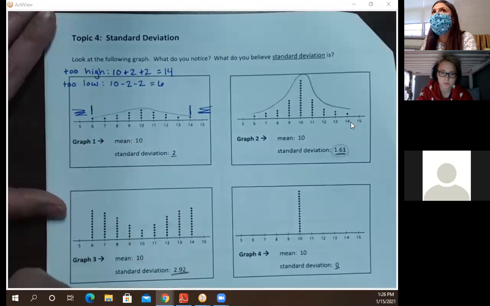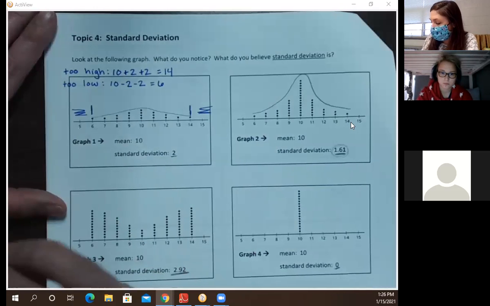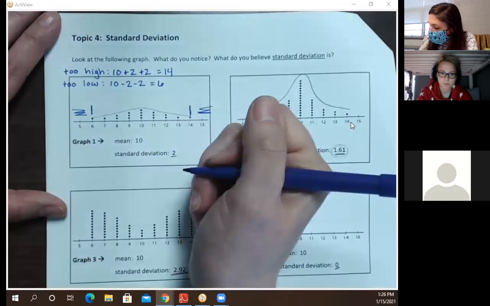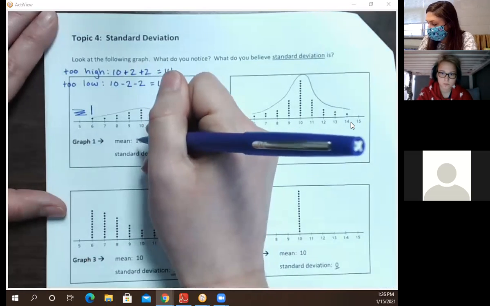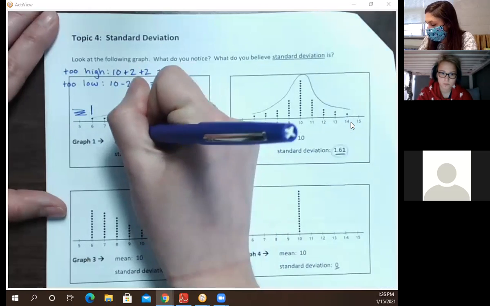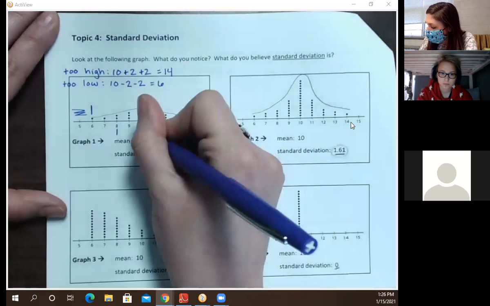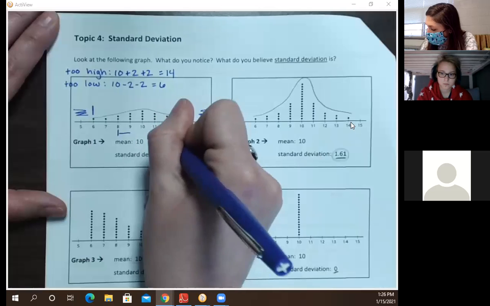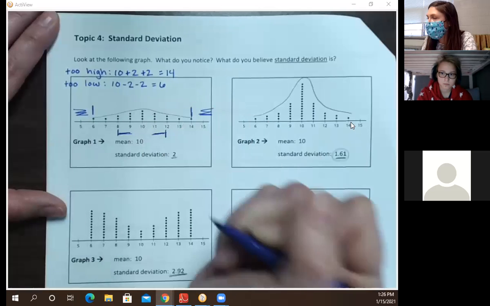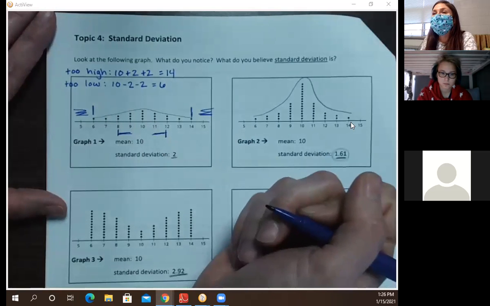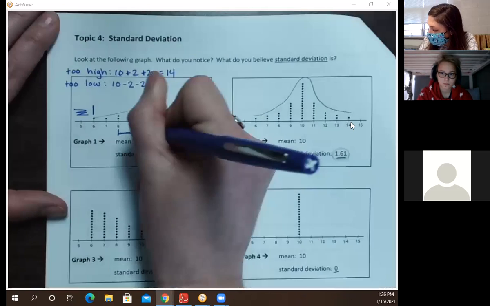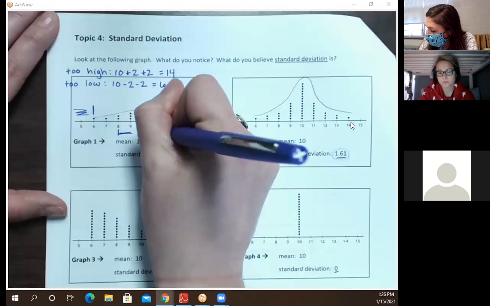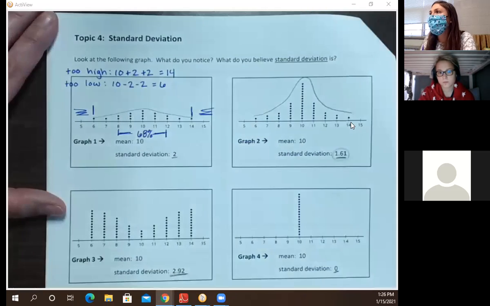Here's why we use 2 standard deviations. If I just go 1 standard deviation from the mean, so 10 minus 2 and then 10 plus 2, in this range right here, 1 standard deviation from the mean, I can typically expect to find about 68% of my data.